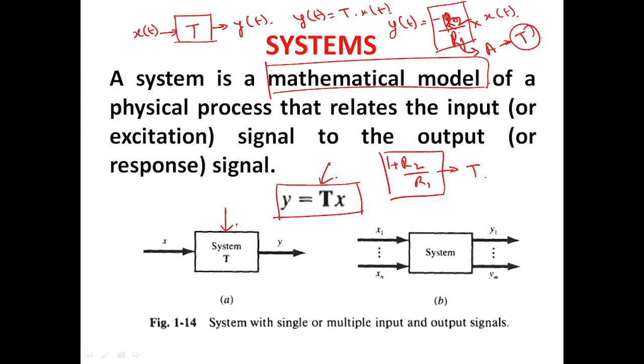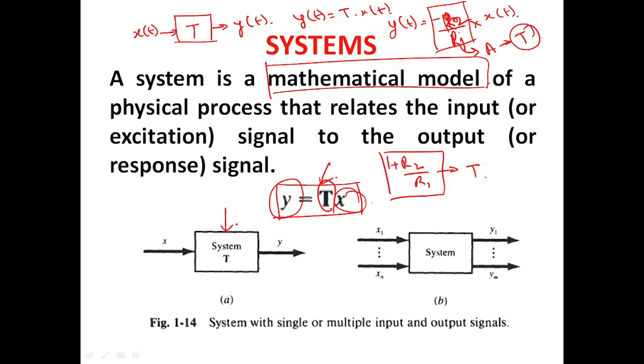If you take an integrator, you will have some mathematical model. If you give some input, you will have some output. The most important thing is that your output is nothing but the multiplication of the transfer function with the input signal, so your input signal is getting multiplied to get an output.